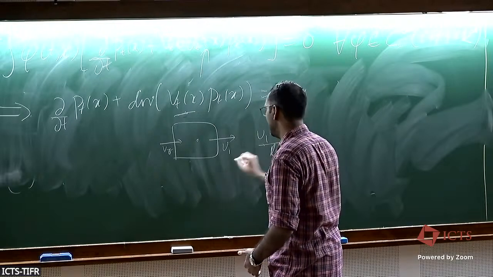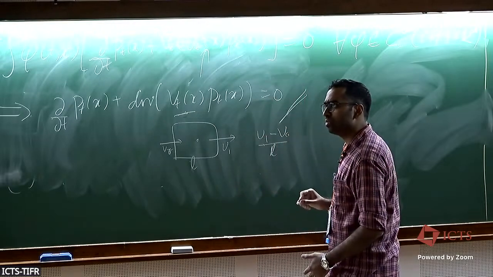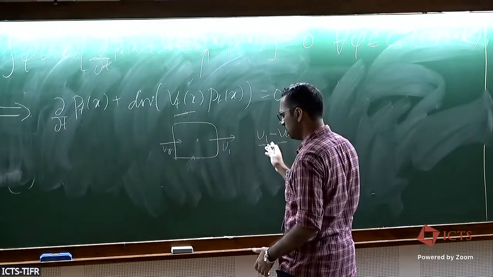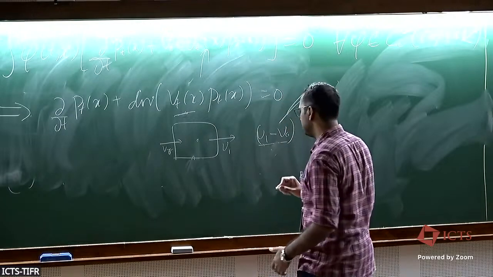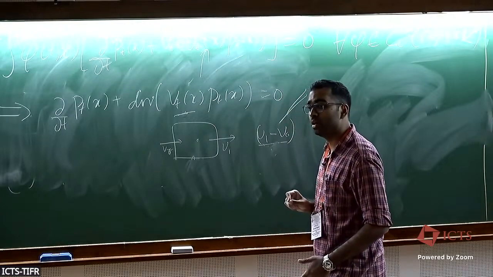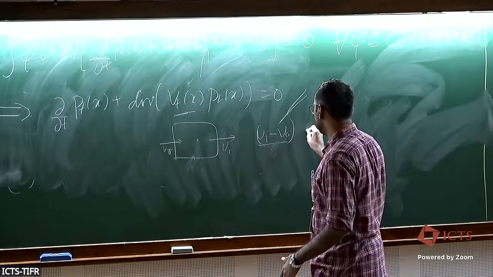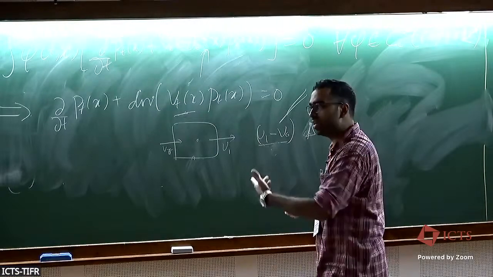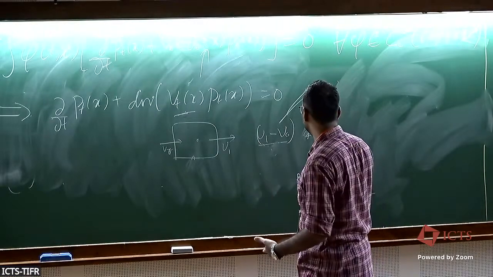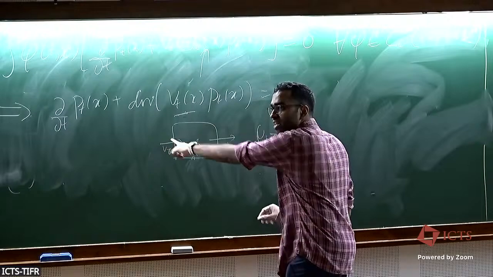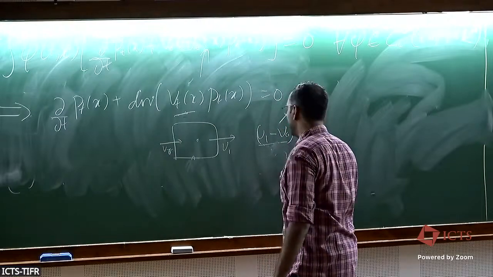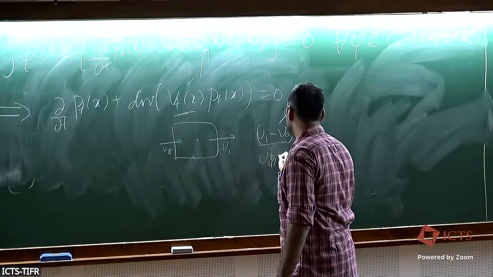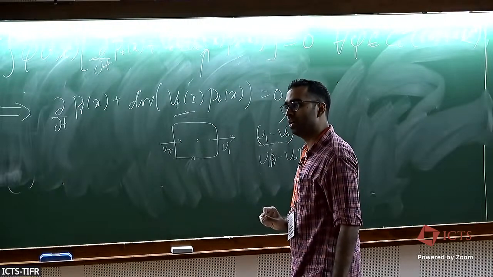V1 minus V0. Then we multiply by a small amount of time delta, and this is a change in mass. What is the mass here? There's a density here, so V0 times p0 is the entry coming in, and V1 times p1 is coming out.